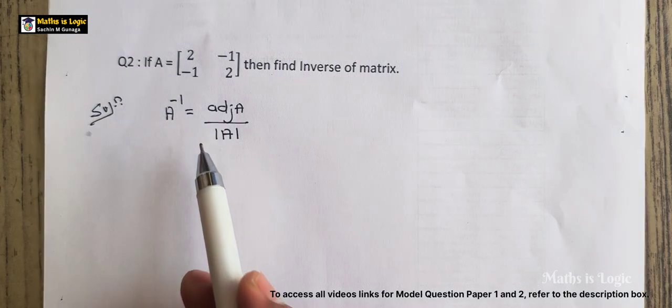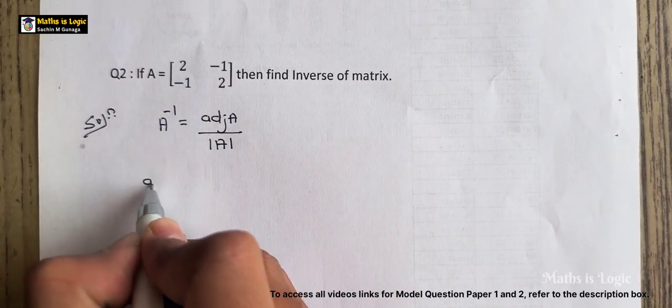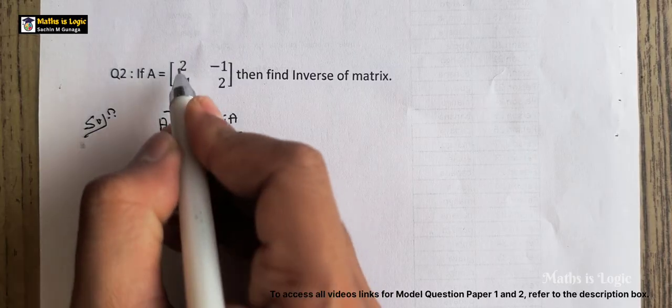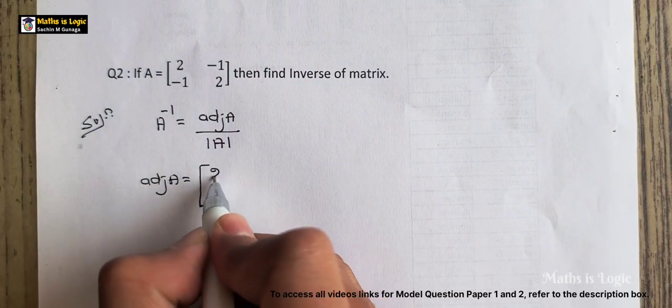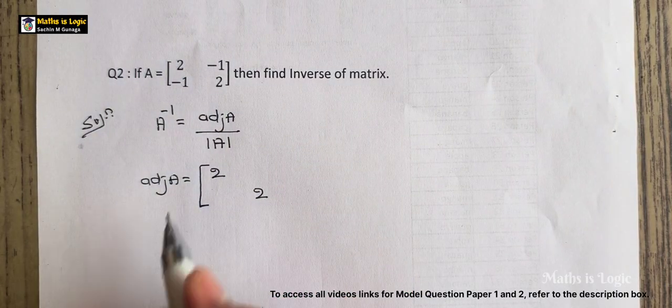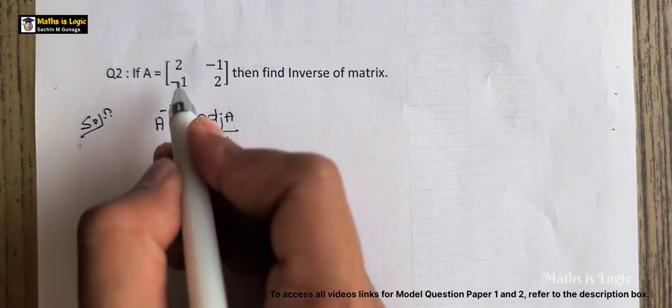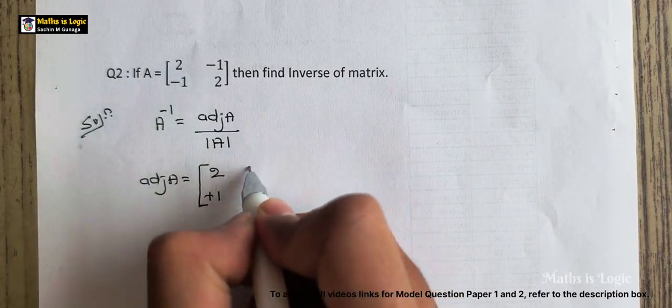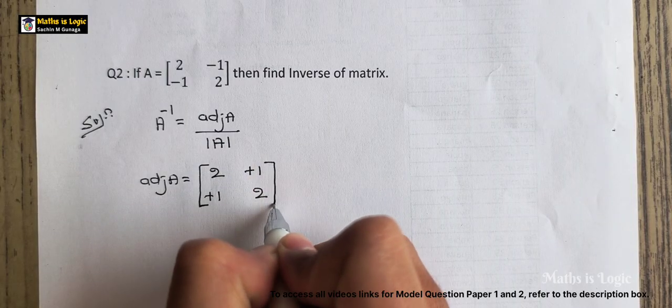First write the formula, then find adjoint of A, which is equal to: interchange principal diagonal elements, it becomes 2 2. For the remaining elements change the sign, minus 1 becomes plus 1, again minus 1 becomes plus 1.